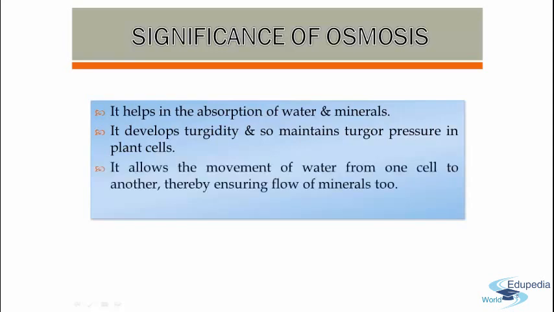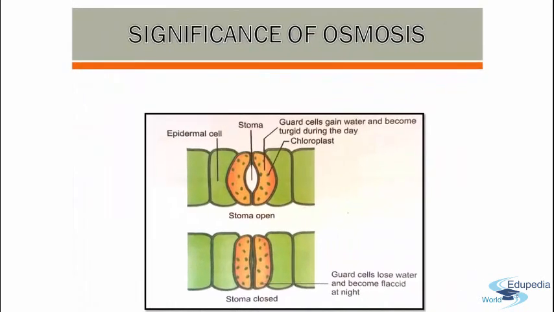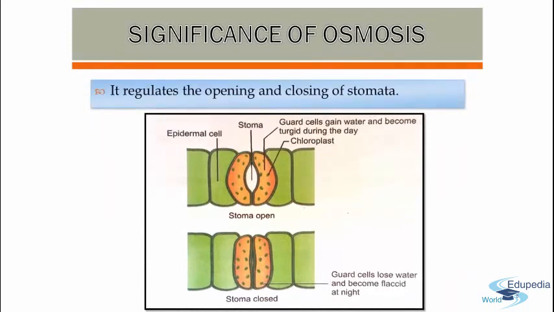It allows the movement of water from one cell to another, thereby ensuring flow of minerals also. One very important significance of osmosis is that it regulates the opening and closing of stomata. As you can see in this figure, when the stomata is open, the guard cells gain water and become turgid during the day.